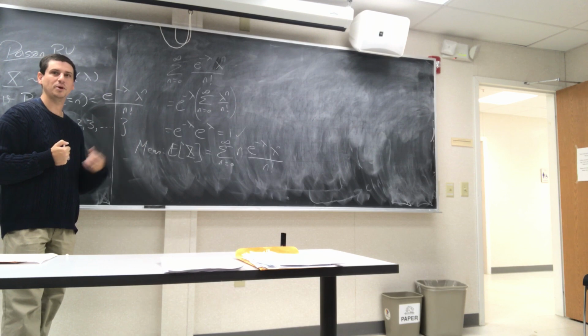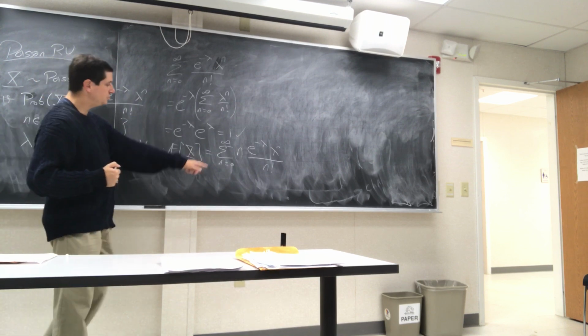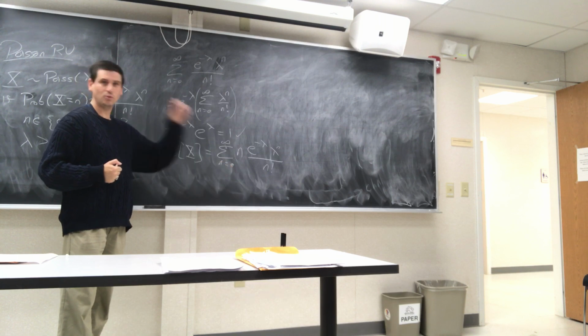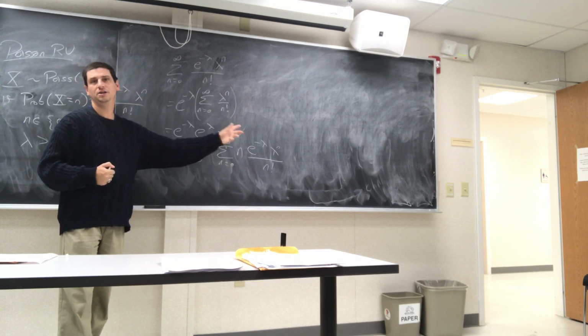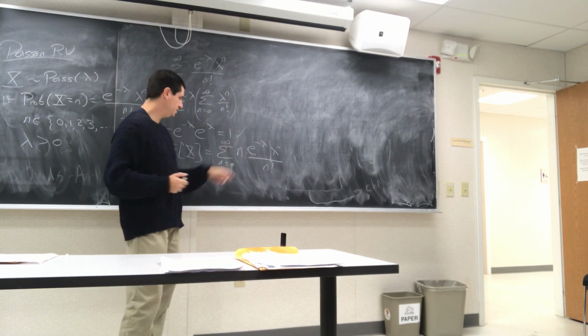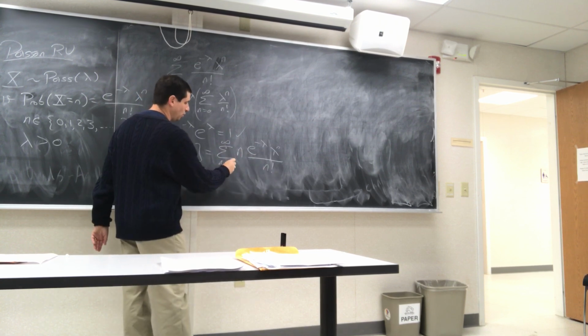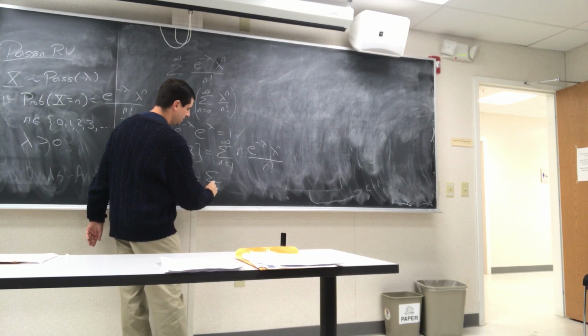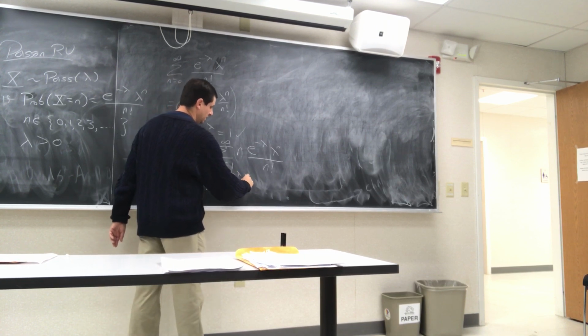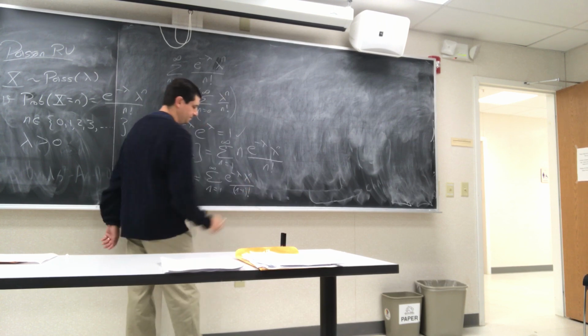We might talk a little bit about why that's true, but it would be much better to just say, what should I start this sum at? I can start the sum at 1, because if I put in n equals 0, then the n factorial down here I interpret as a 1, and I've got a 0 here, so this term is 0. This is now a sum, n goes from 1 to infinity, of e to the minus lambda, lambda to the n, over n minus 1 factorial.